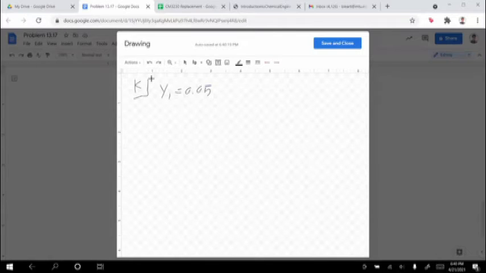And then we're going to do it at the same temperature as part A. So we're again going to use our generalized equation of 1 is equal to x1 plus x2.